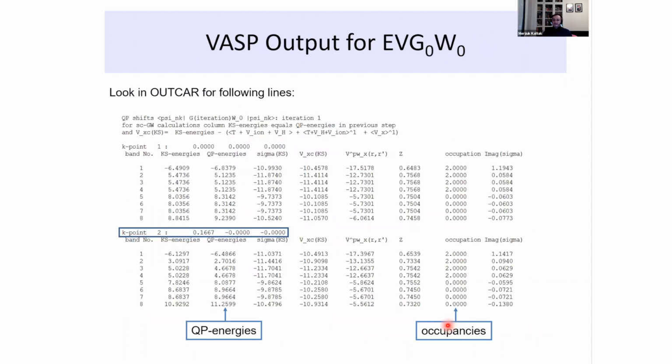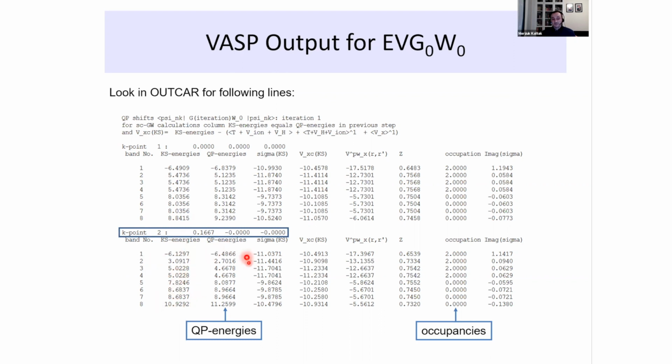Now, after one eigenvalue G0W0 calculation, the OUTCAR will contain an output of the following format. So for each k point, there's a table similar to this one printed here. The first column denotes the band index. The second column, the corresponding Kohn-Sham energies.